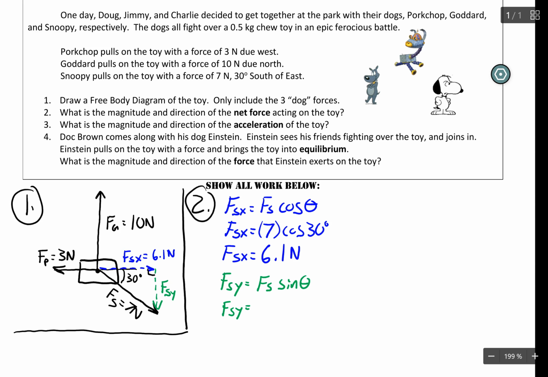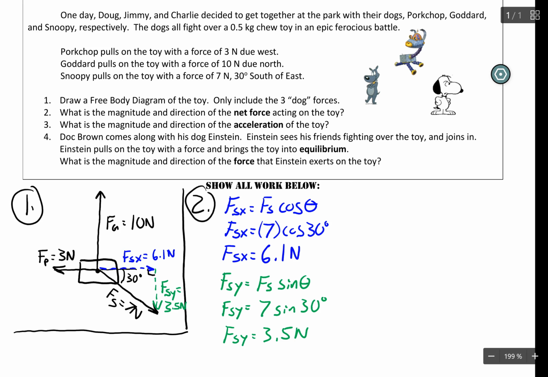So this is just 7 times the sine of 30 degrees, and you get 3.5 newtons of force going in the southern direction, down, south, negative.